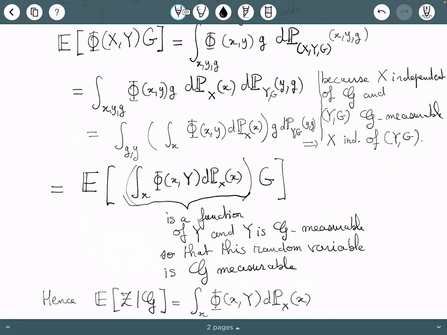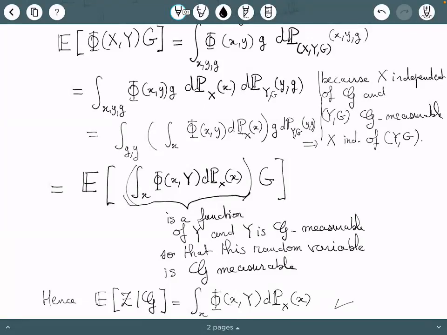So is it clear for everybody, or are there some questions, something which was not clear in the explanations? All is clear. Okay, perfect. So this formula is very useful sometimes to compute conditional expectation.